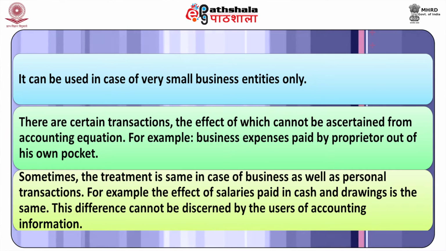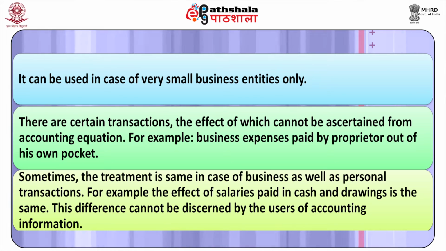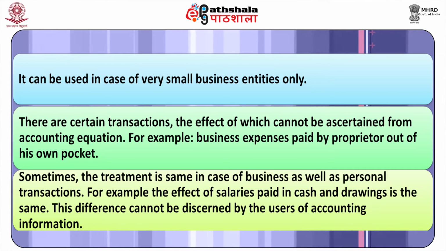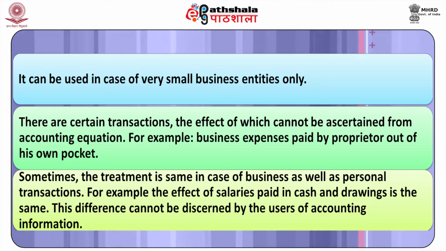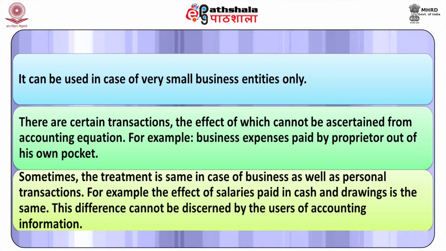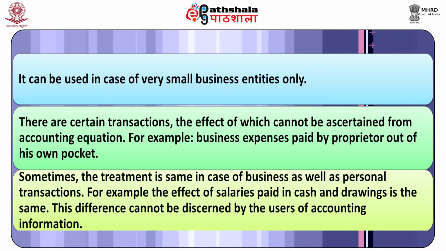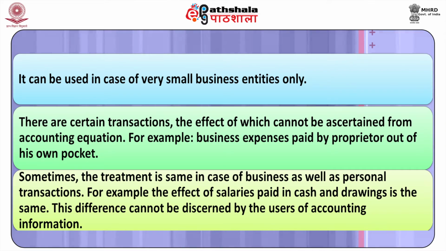Next, sometimes the treatment is the same in case of business as well as personal transactions. For example, the effect of salaries paid in cash and drawings is the same. This difference cannot be discerned by the users of accounting information.